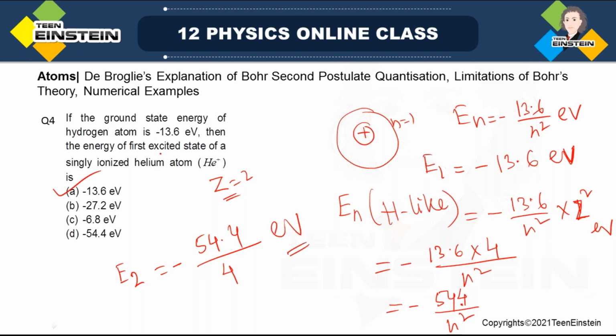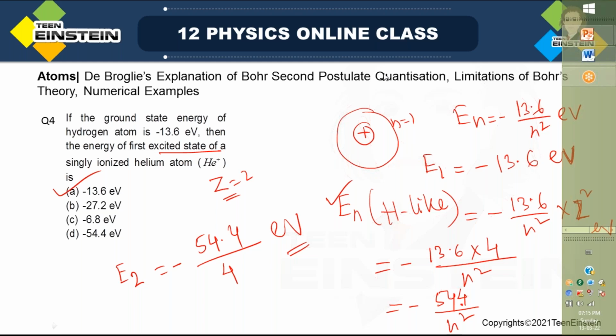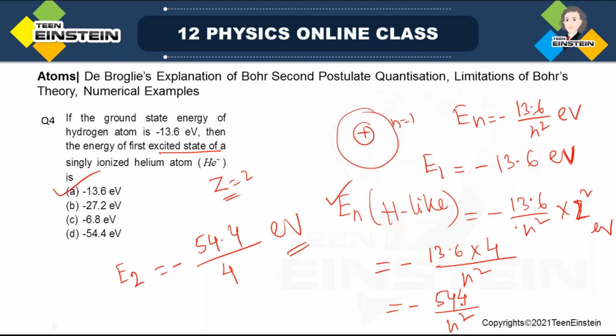This is the energy for the first excited state, because ground state is n is equal to 1 and first excited state means n is equal to 2. We are using here the energy expression for the hydrogen-like atom. So this is the answer. Here A is the answer.